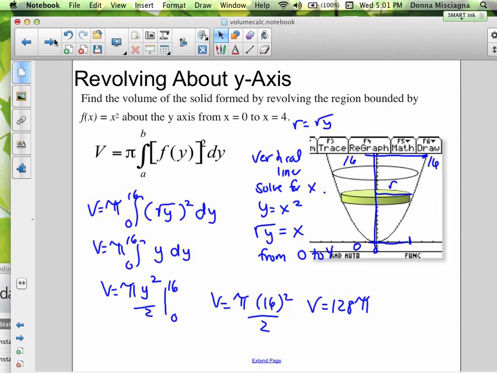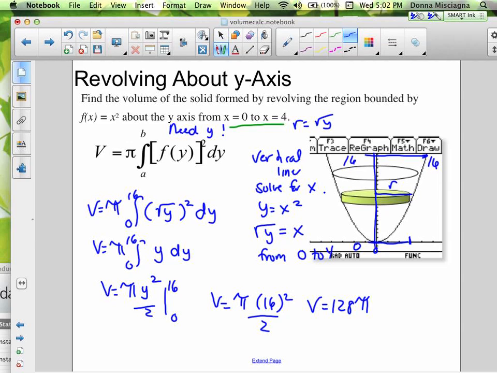Now notice it says x from 0 to 4. If you're integrating with respect to y, you want y. So how do you find y? Just plug it in.